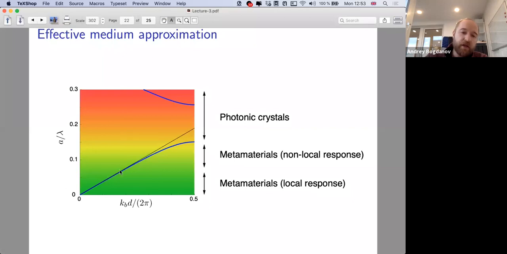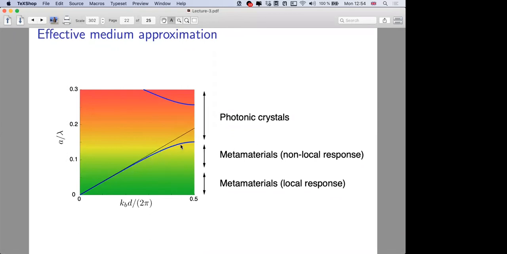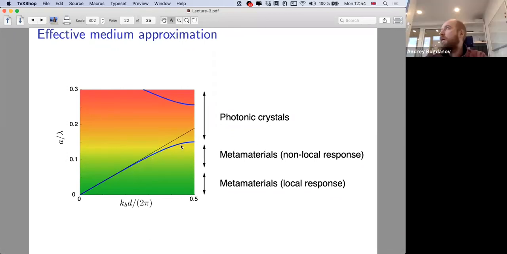Then here, you see, we have some deviation from linear dispersion. This deviation comes due to the fact that our wavelength becomes comparable with the period of my structure.